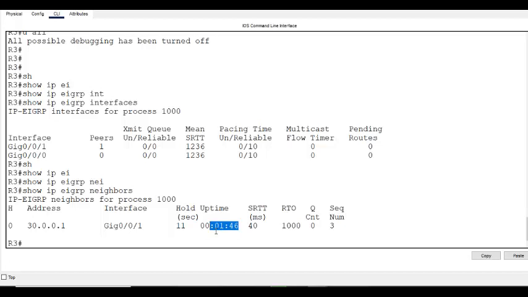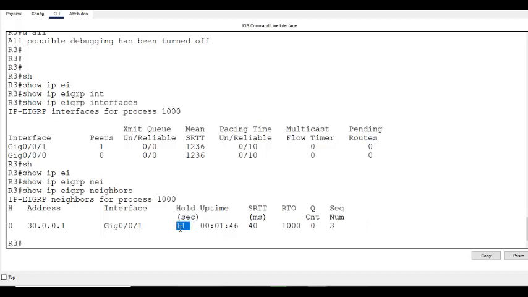What does that mean? This neighbor is sending hello every 5 seconds. That is why it is not going less than 10. It's not going to 9. Look at this. 13, 12, 11, 10. See? After 10, it immediately came to 14, which means this neighbor is sending hello every 5 seconds.